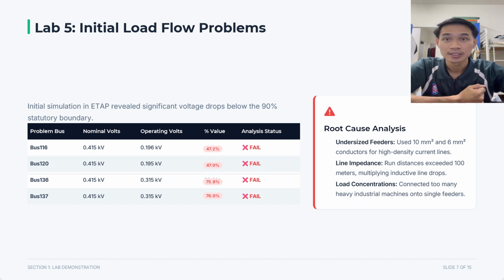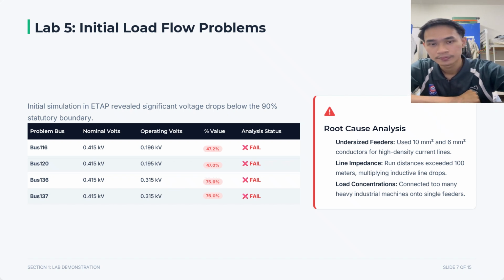Several other buses were at approximately 76%, and the main cause is that the cables were too small and too long, and too many loads were connected to one cable. So the solution is that we need to increase the cable size significantly to fix this problem. That's all from me.